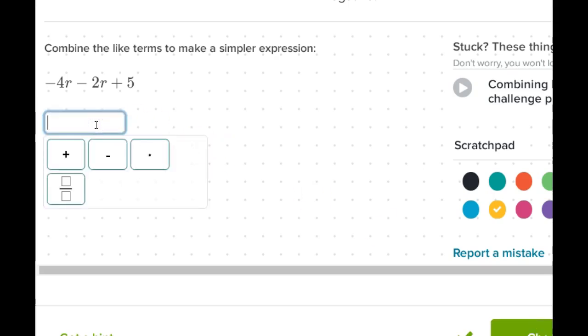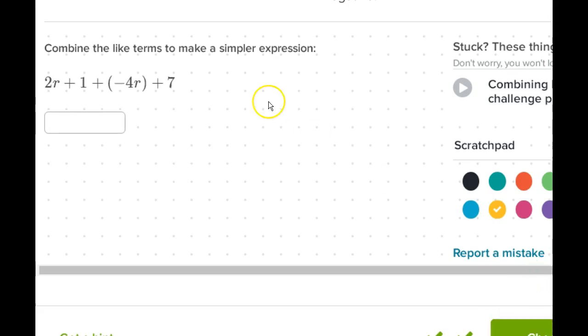And that one's a little easy. Let me try to find one that's more challenging. There we go. Let's try this one.